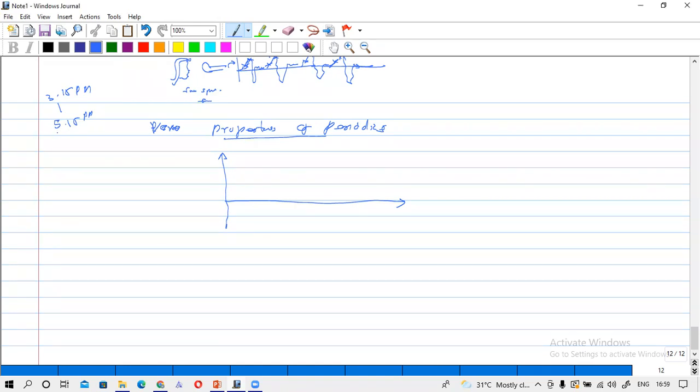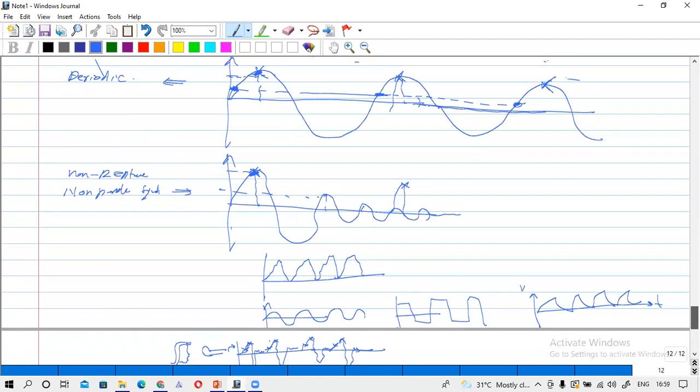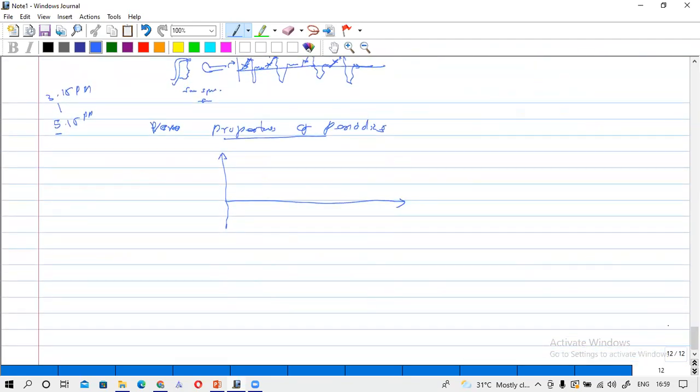We will continue up to 5:15. Now we are discussing the properties of periodic signals. Let's take a sine wave, for example.